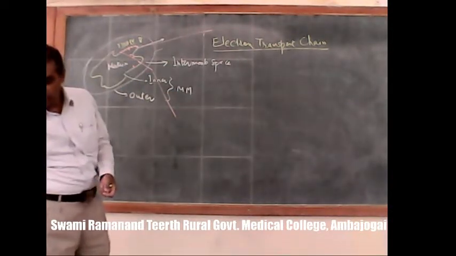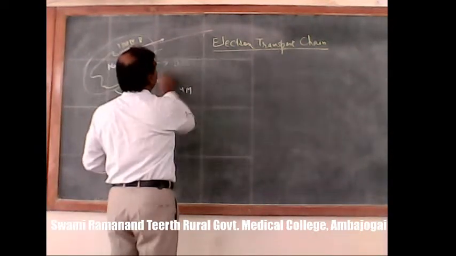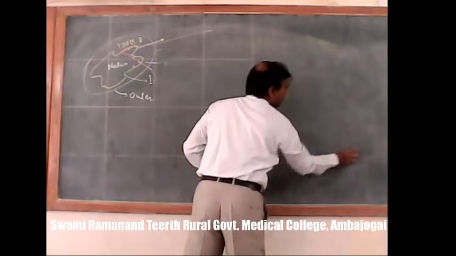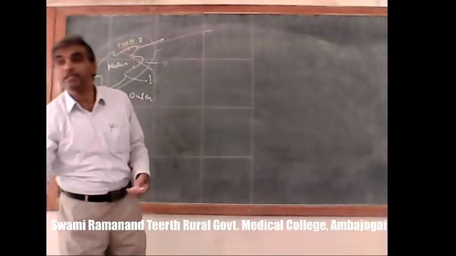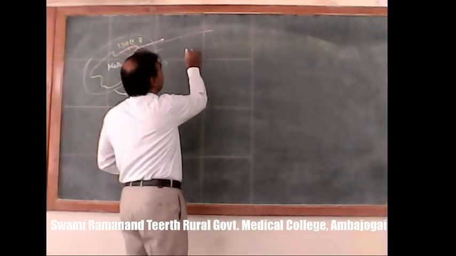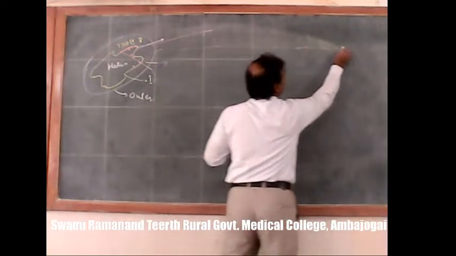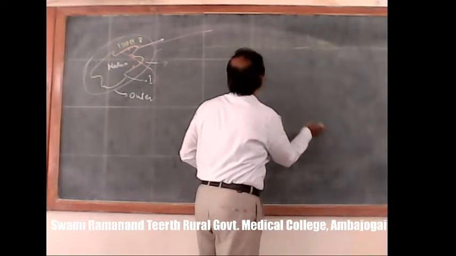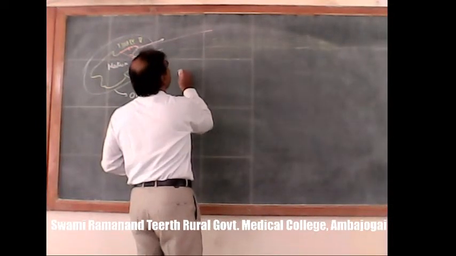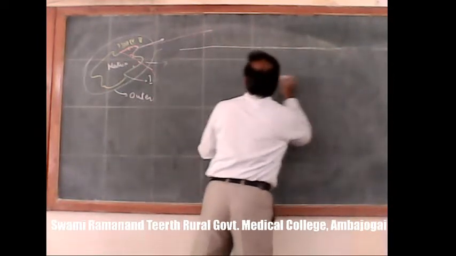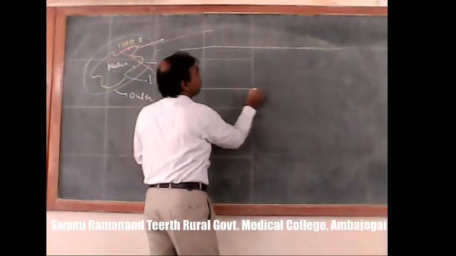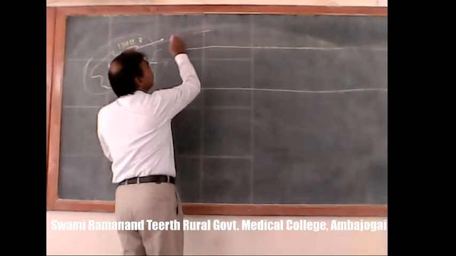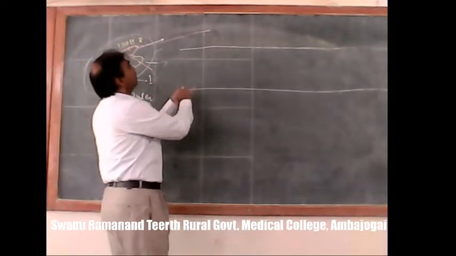What we are looking at is an electron transport chain. This is the inner mitochondrial membrane, magnified. The outer mitochondrial membrane is somewhere here.